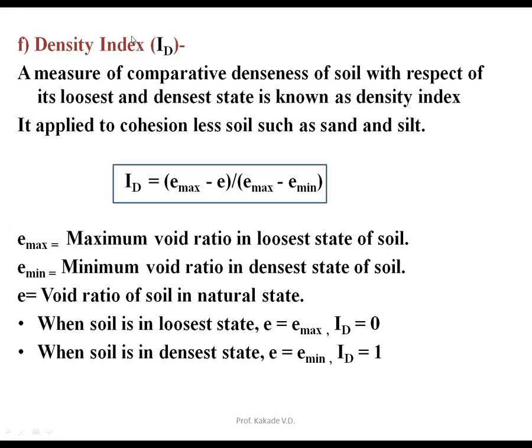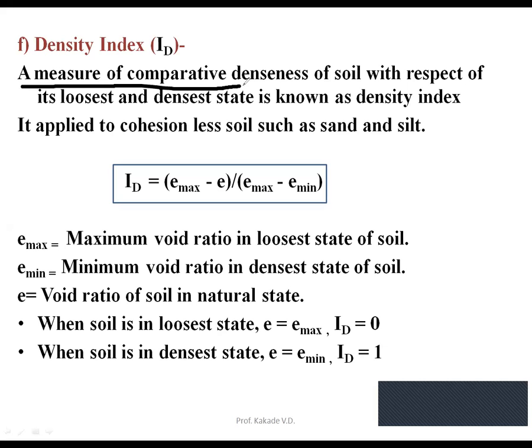Here is the definition. A measure of the comparative denseness of soil with respect to its loosest and densest state is known as the density index.